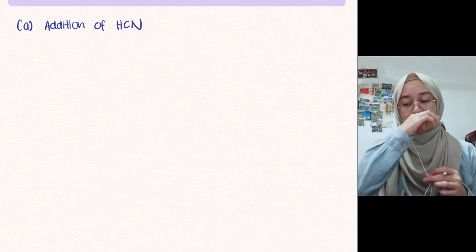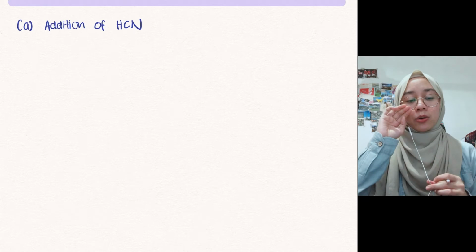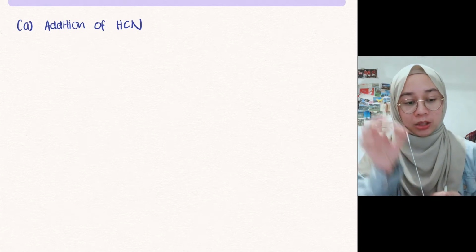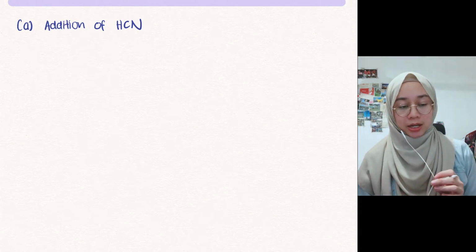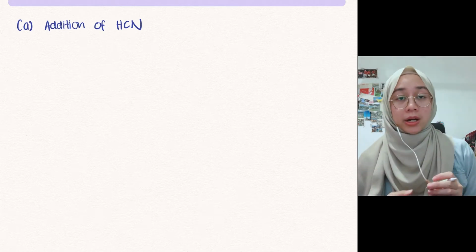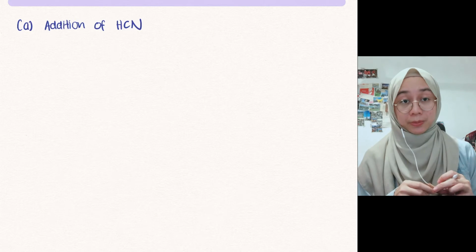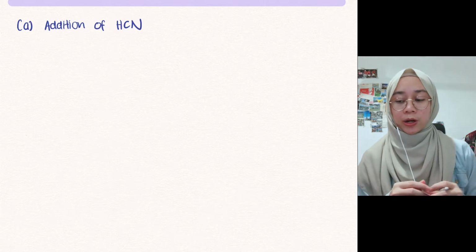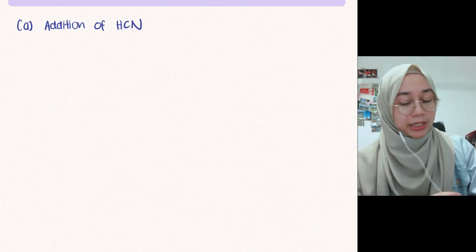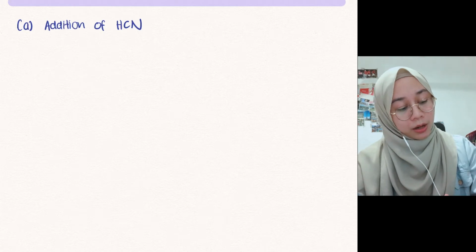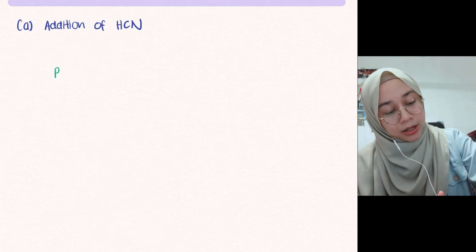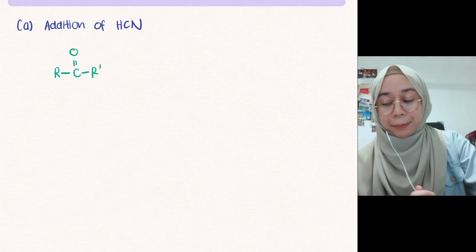Okay, so addition of hydrogen cyanide. But before we go into the addition of hydrogen cyanide, so let's have a look at what is happening during the addition reaction itself sebenarnya. Okay, kita nak tengok yang tu dahulu. Okay, jadi secara generalnya kita punya carbonyl compound, kita ada R C double bond O R prime dekat sini.